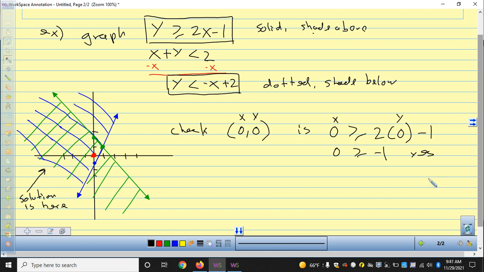Yes. 0 is greater than or equal to negative 1. For the second one, we're saying is 0 less than negative 0 plus 2? That's my x and my y. 0 is less than 2? Yes. So this point is in the solution to that system of inequalities.